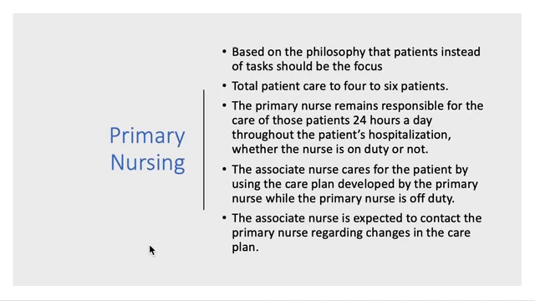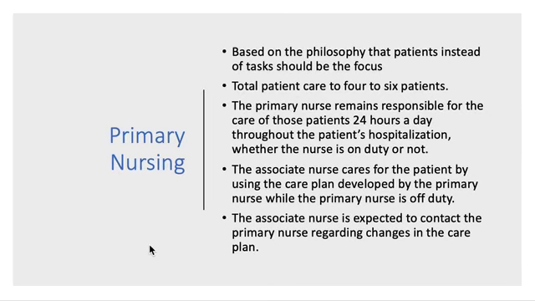How is that possible? Now, the reason why it is possible is because when the primary nurse is out of shift, another one will take the place of the primary nurse, sort of a secondary nurse. This secondary nurse is what we call the associate nurse. The associate nurse cares for the patient by using the care plan developed by the primary nurse while the primary nurse is off duty.